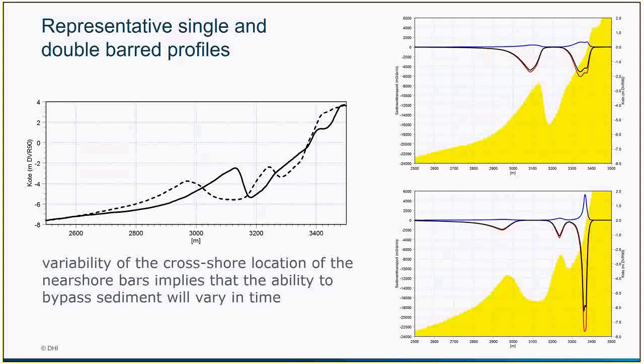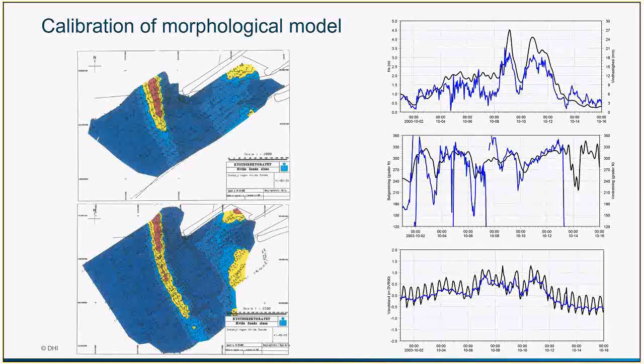So we've extracted representative single and double barred profiles and made some sediment transport calculations with our 1D model in order to assess the ability to bypass sediment in time and depending on the profile. And after this analysis, a morphological model has been set for the project.